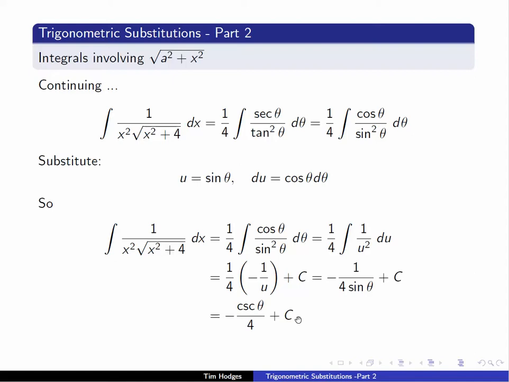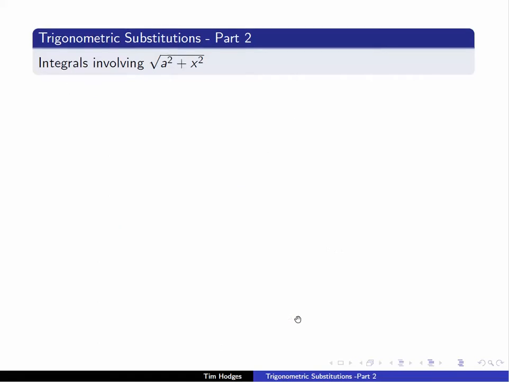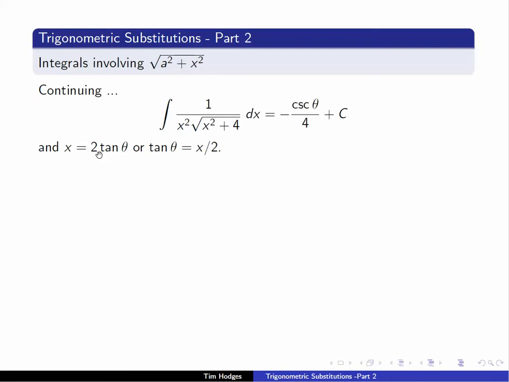But we're not finished yet, because we need to get this back in terms of x. And remember, our substitution was x equals 2 tan theta. So we need to know what cosecant theta is if x is 2 tan theta. Well, we can do that using an algebraic identity, but another way of doing it is to construct a triangle with angle theta and such that the tan theta is x over 2.